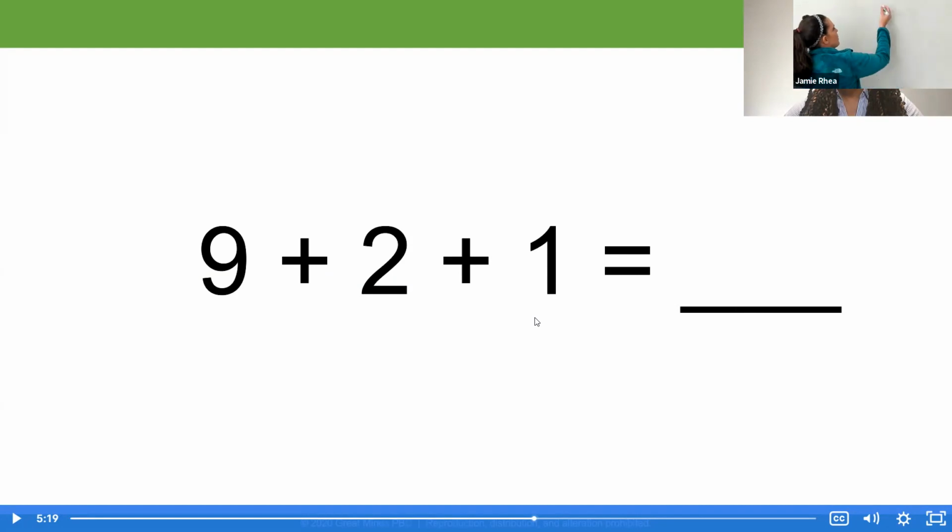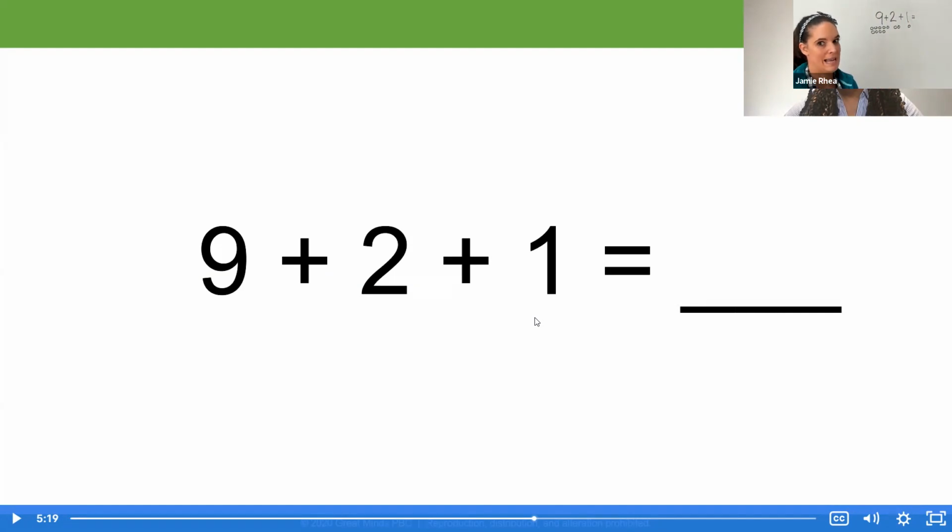So let's write that up here. 9 plus 2 plus 1. We can draw out our 9. If you want to draw it this way, you can. 1, 2, 3, 4, 5, 6, 7, 8, 9. Here's our 2, and our 1. Okay, now, do two of those numbers make 10?